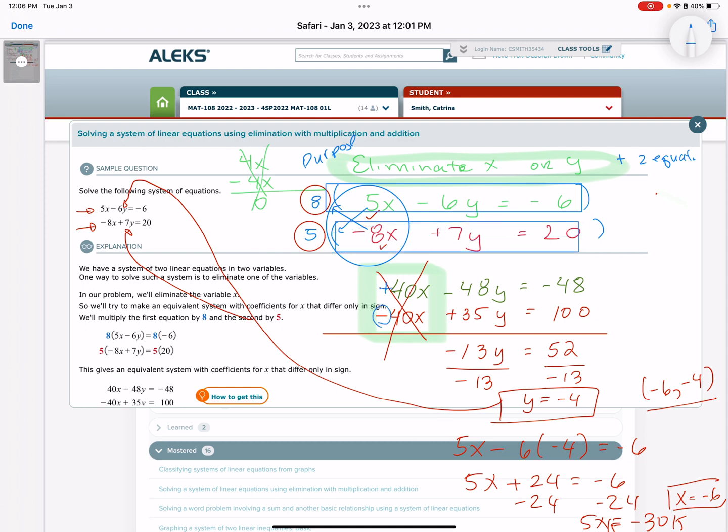So if I need to multiply one by a positive and one by a negative, or both by negative or both by a positive, then I do so. But that's where the numbers come from. Second step is I go ahead and add them together. Third step is I go ahead and solve for my y. And fourth step is I plug in my y to either equation to solve for my x to get my answer.